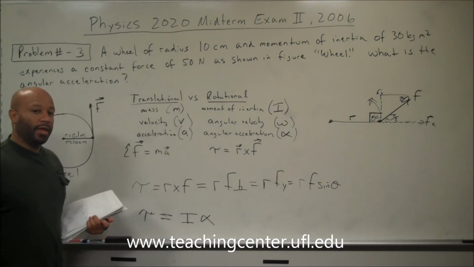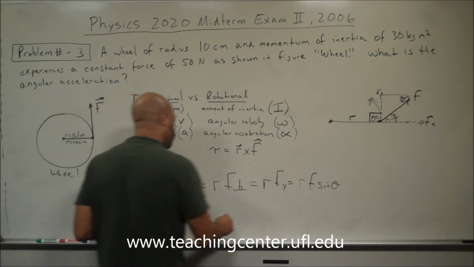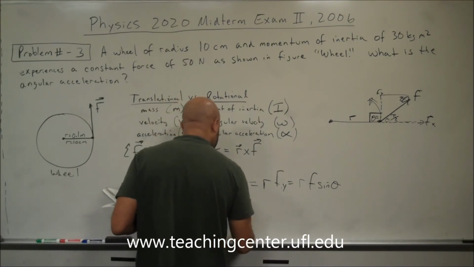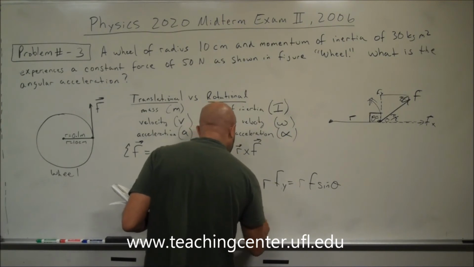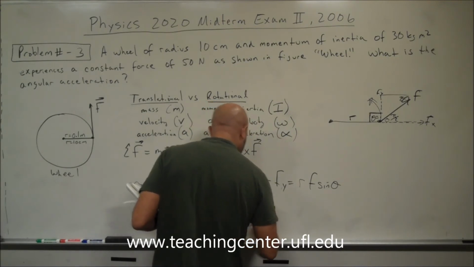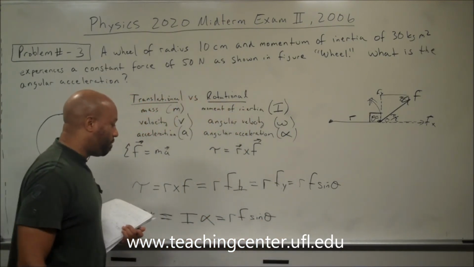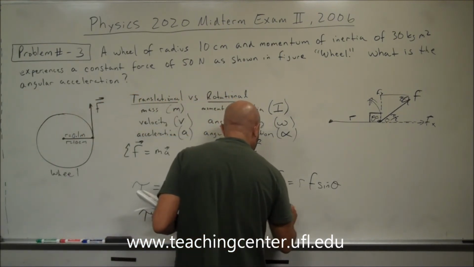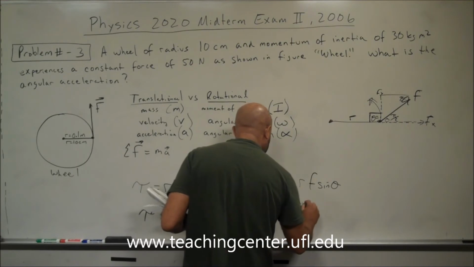All right, and so we know that the torque is also equal to R times F times the sine of theta. Okay, but we know that sine of theta is just equal to 1, because theta is equal to pi over 2.